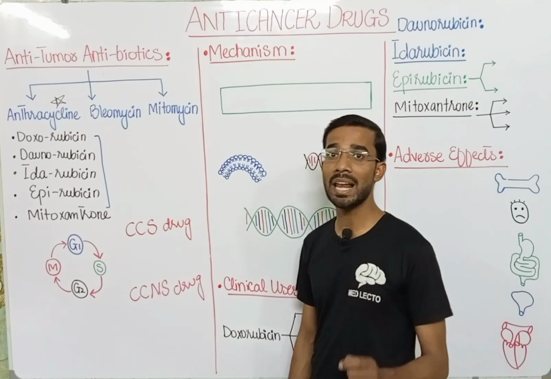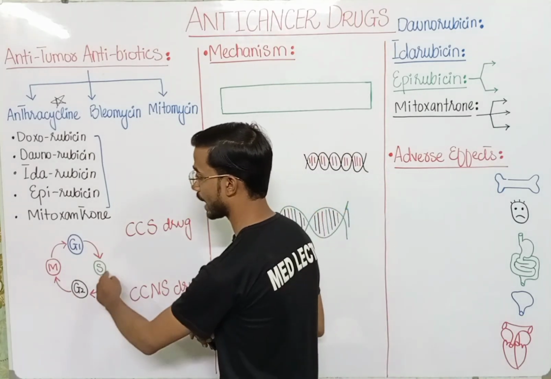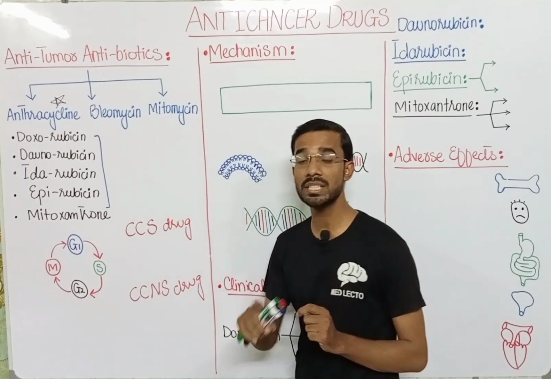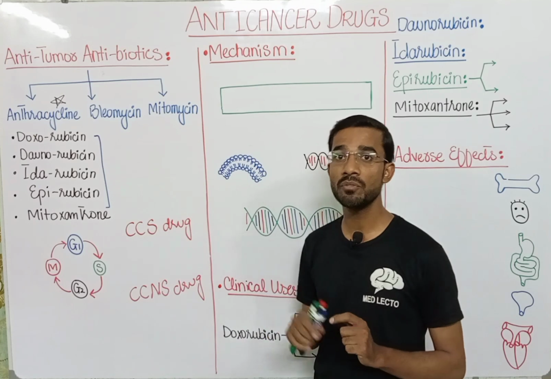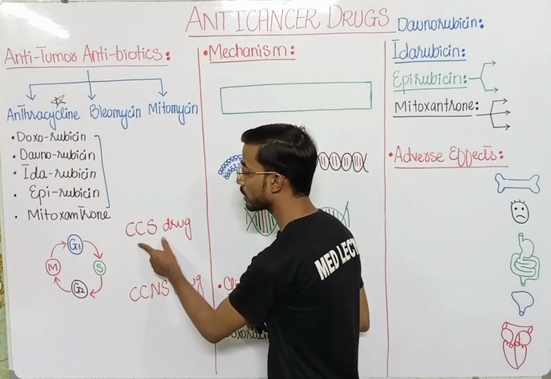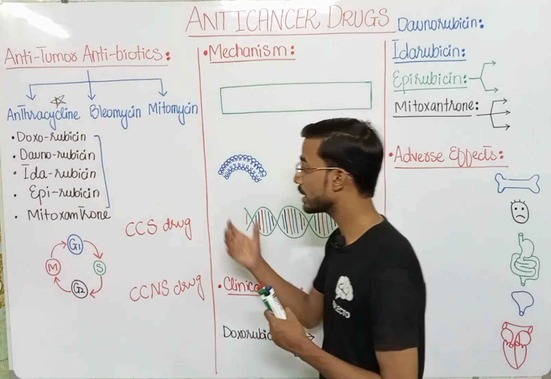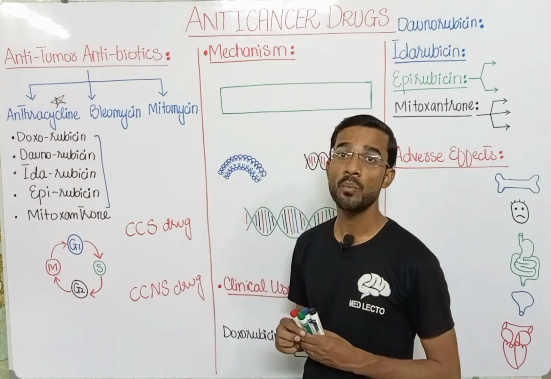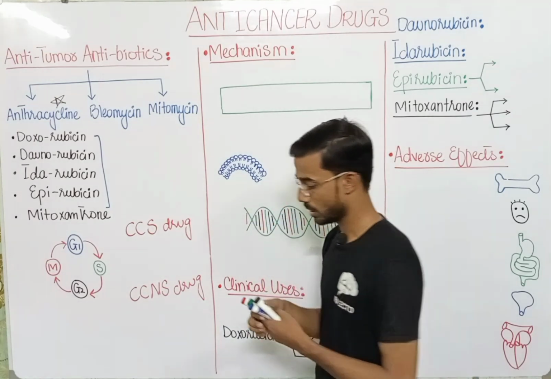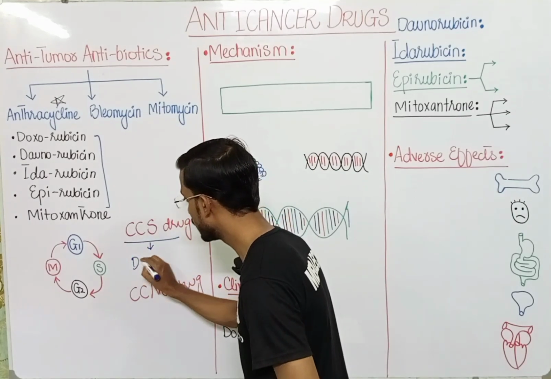So when the cell has to divide, it goes through the cell cycle from the G1, S, G2 and M phase. So these are the phases in which the cell will divide. So when we talk about cell cycle specific drugs, it means that these types of drugs will act on the dividing cell.